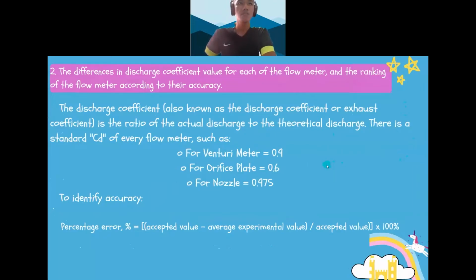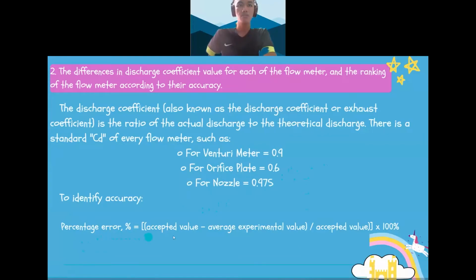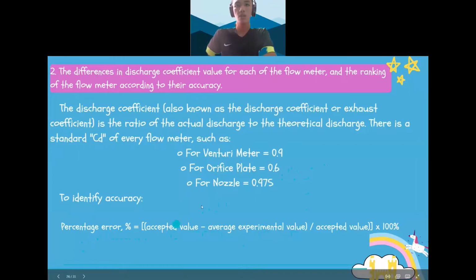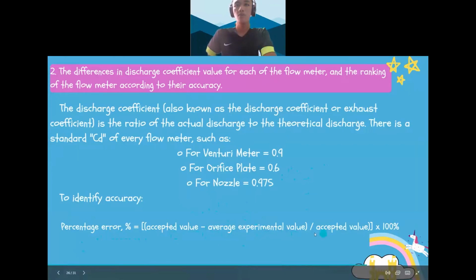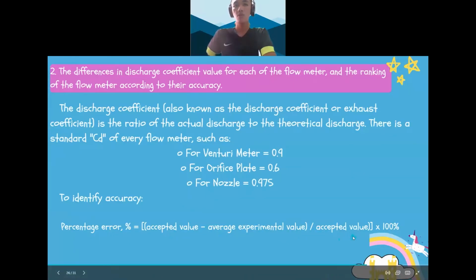There is a standard CD for every flow meter: for the venturi meter it is 0.9, for the orifice plate 0.6, and for the nozzle 0.975. To identify the accuracy, we will use the formula: percentage error equals accepted value minus average experimental value, divided by accepted value, multiplied by 100%.